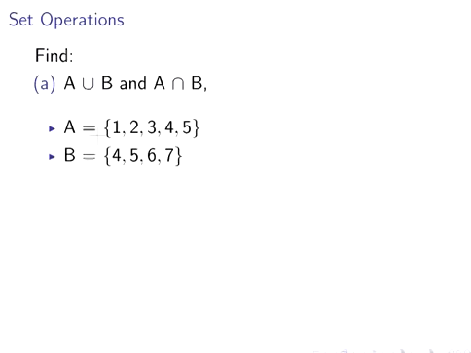And what we have here is A union B. So first off, let's write out all of the elements of A, just because it's got more.